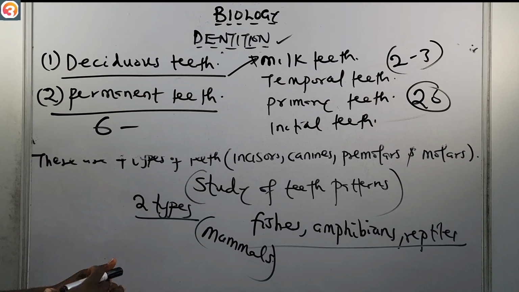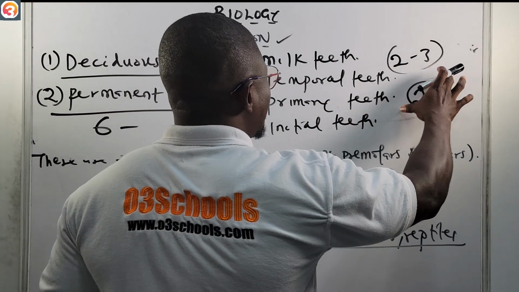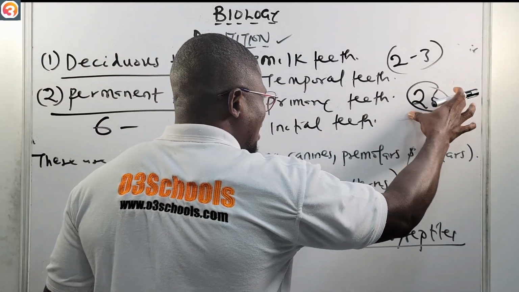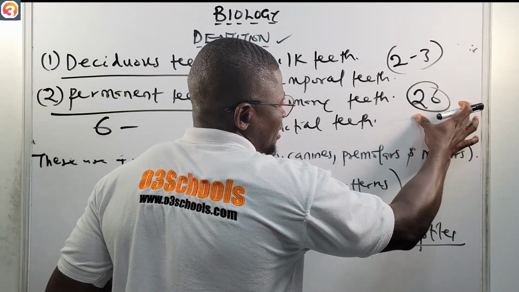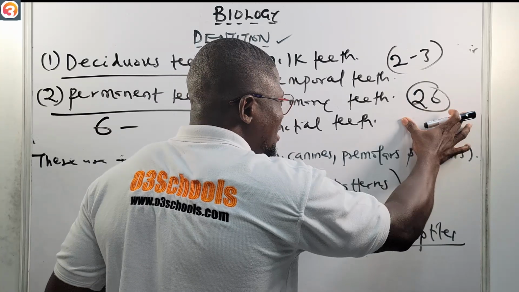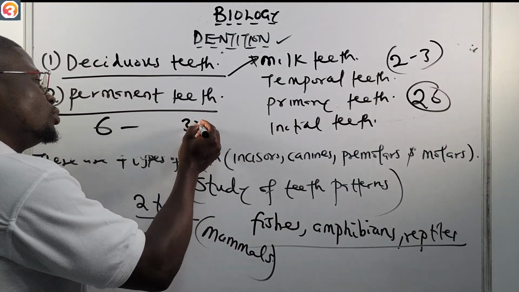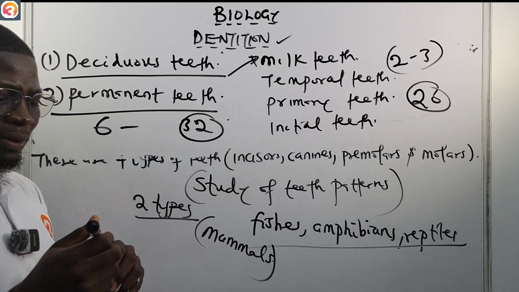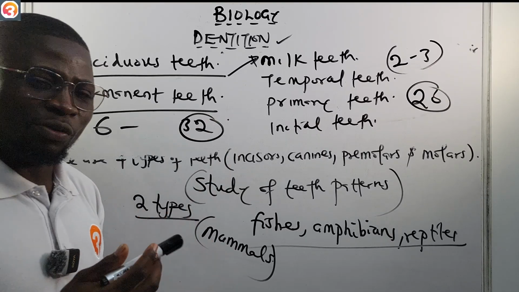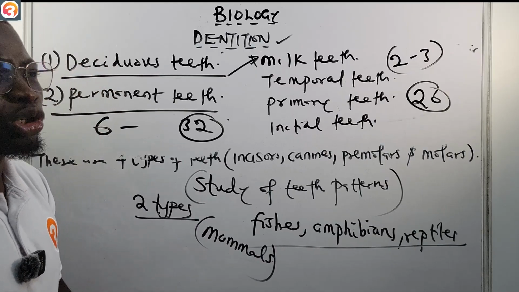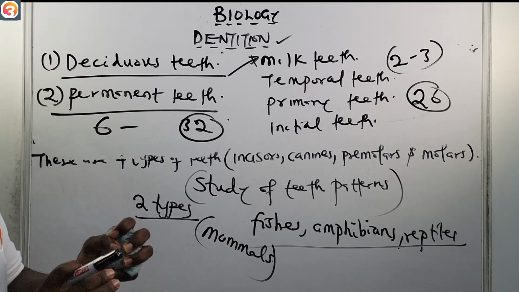So when a baby is around 2 to 3 years, this deciduous teeth comes out and fully develops. That's 20 milk teeth. But the permanent teeth, they are 32 in number. Please take note of that. So when they ask how many teeth humans have, you will not be rushed to say 32.